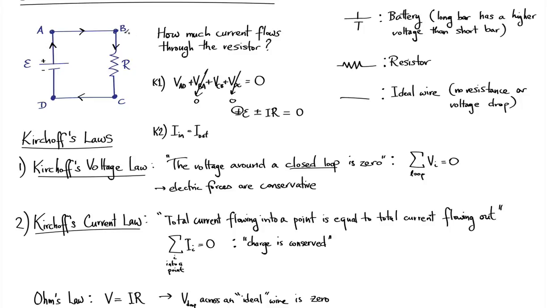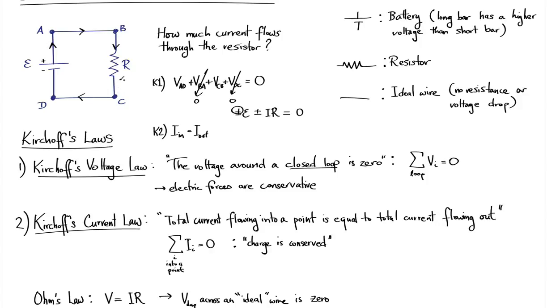If we're going now from B to C, okay, so if we start here and we end up here, now we need to ask, okay, well, is this going to be a positive or a negative, right? So let's think about this for a second. So the way I've drawn this, the current is moving in a clockwise fashion, right? So the way I've drawn the current is going from B to C, right? So if we think of this resistor as that chunk of metal with an electric field inside, if the current is flowing from B to C, that means the electric field is also pointing from B to C, right?